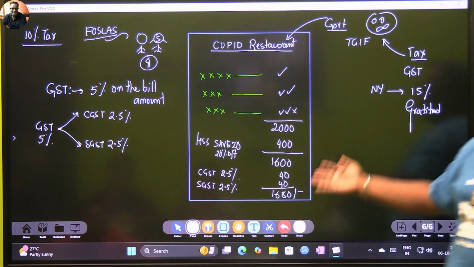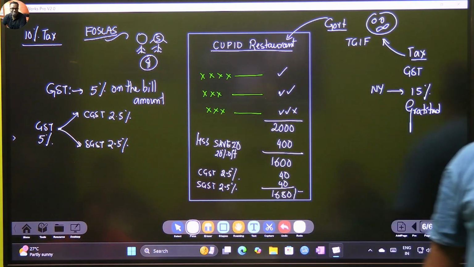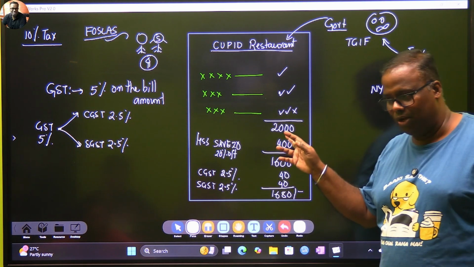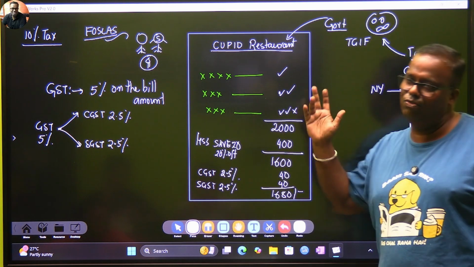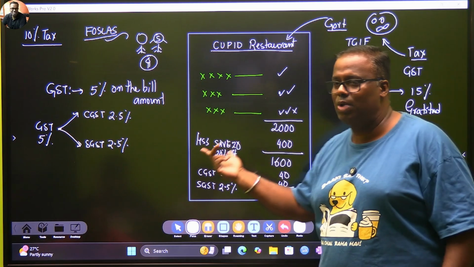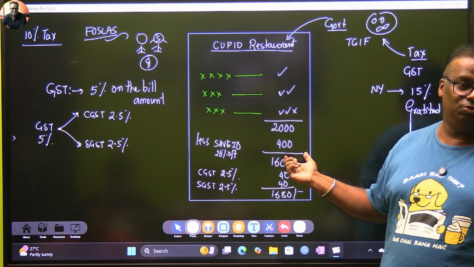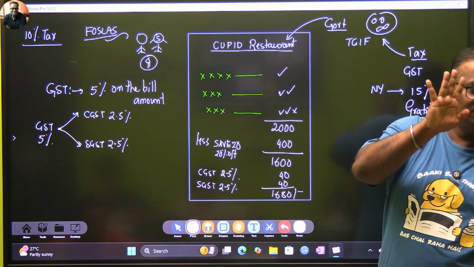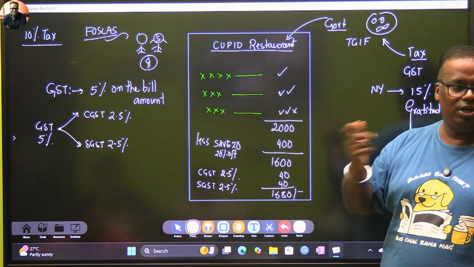This is the maximum complication that you can get. But it was so easy to do. Our bill was for 2000. Understand the story, then every problem becomes easy. Then he swiped his coupon code, which is 20% off. How much is 10%? 200.